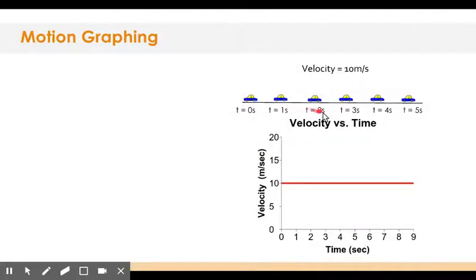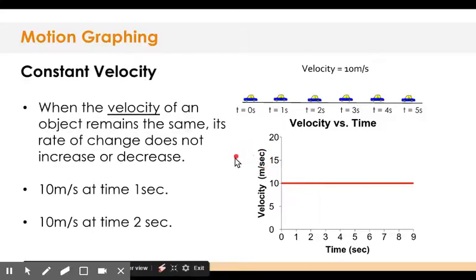In these, if we have the time here at the top, what was the car doing? When the velocity of an object remains the same, its rate of change does not increase or decrease. So on a velocity versus time graph, the car is moving at 10 meters per second.